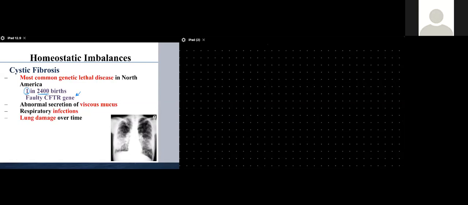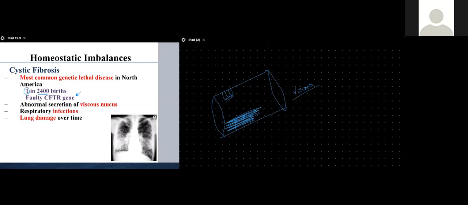The problem here is with the creation of the mucus. So now the mucus that gets released from my epithelium is thicker. It's more viscous. So what is the problem? The problem is that those epithelial cells will not be able to move this thick mucus.